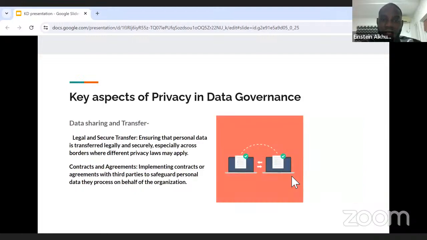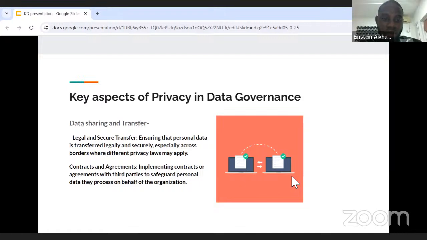Another key aspect in privacy in data governance is data sharing and transfer, legal and secure transfer, ensuring that personal data is transferred legally and securely, especially across borders, where different privacy laws may apply. Transferring data from one source to another while obeying the privacy laws is really important. Contracts and agreements. We all know how this one works.